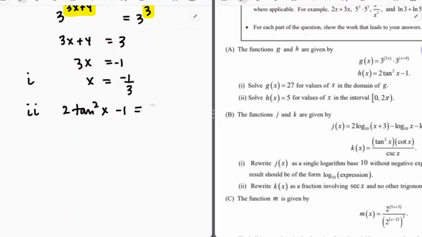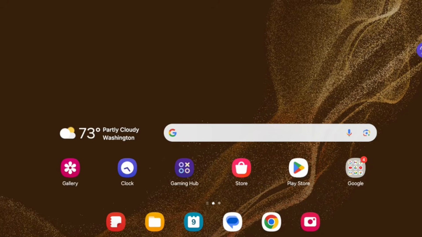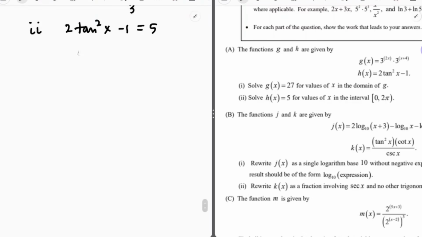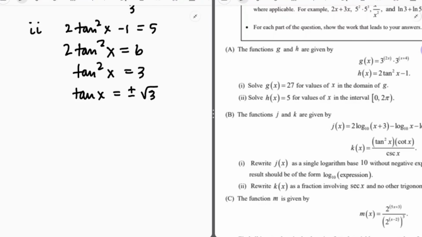So 2 tangent squared x equals 6. Divide both sides by 2. Take the square root of both sides, so tangent x equals plus or minus the square root of 3.